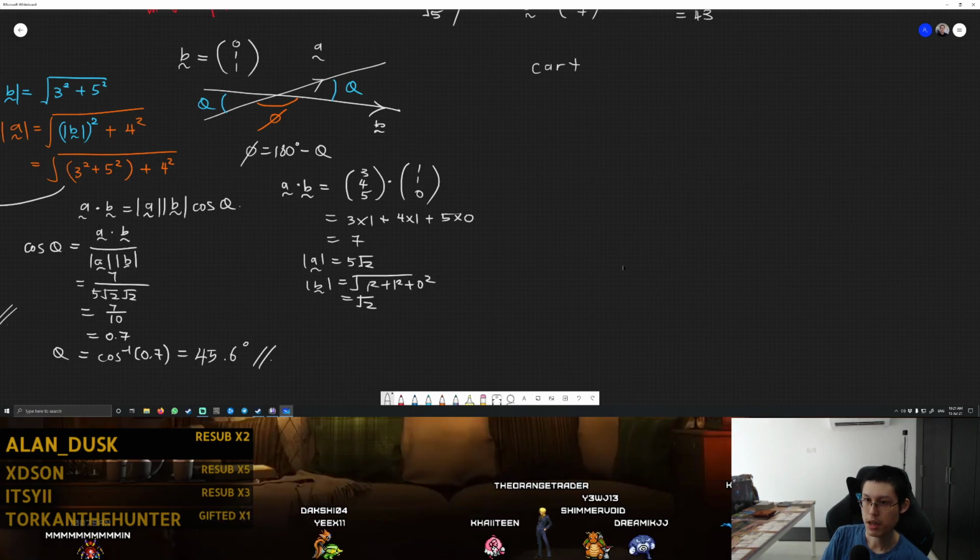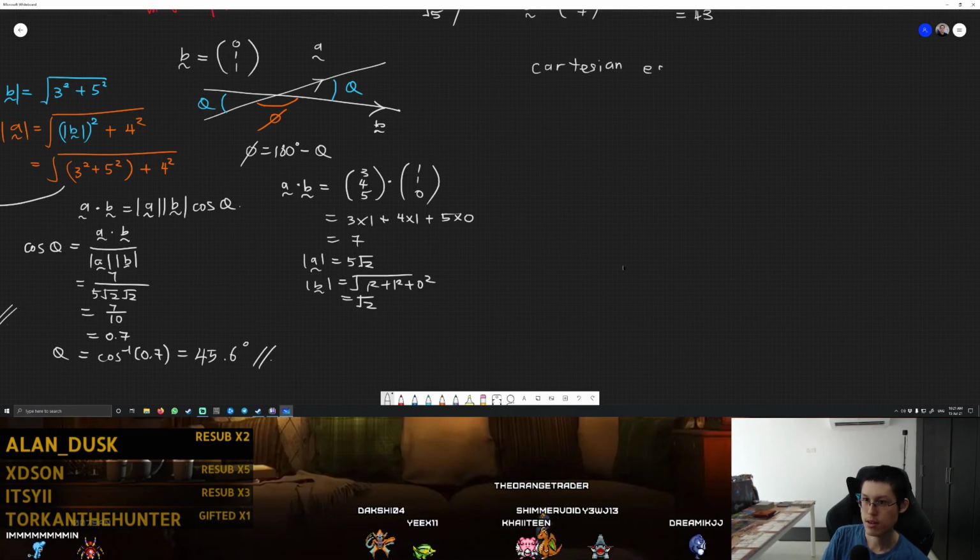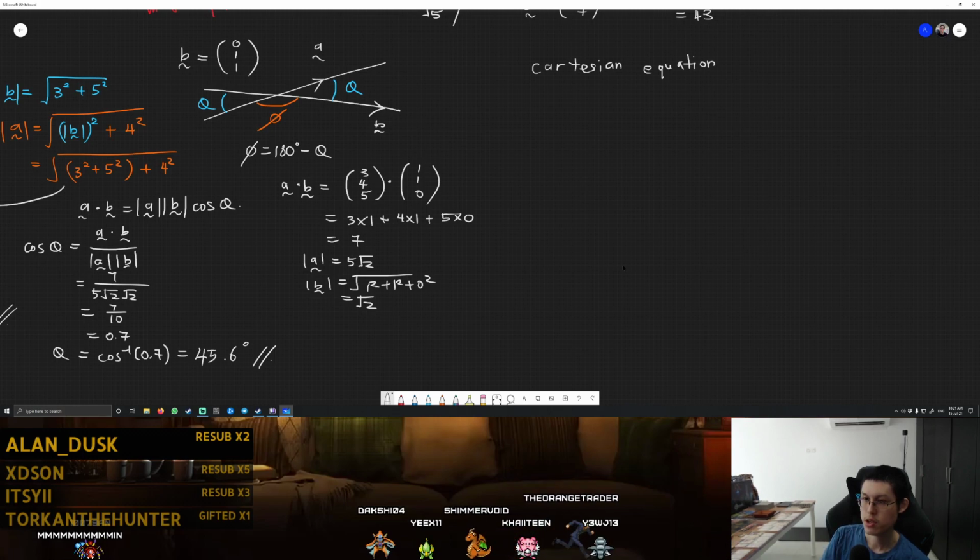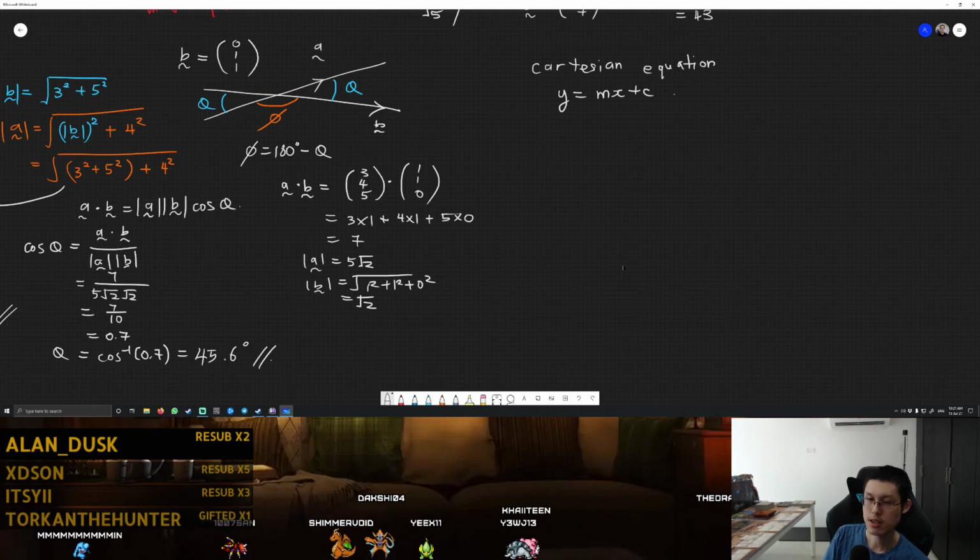So far, you know what a Cartesian equation looks like. The Cartesian equation of a line looks like this: y equals mx plus c, right? So next, I'm going to show you what a vector equation looks like.